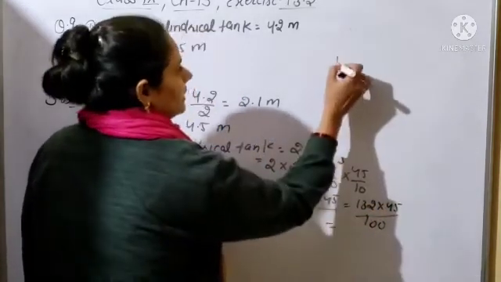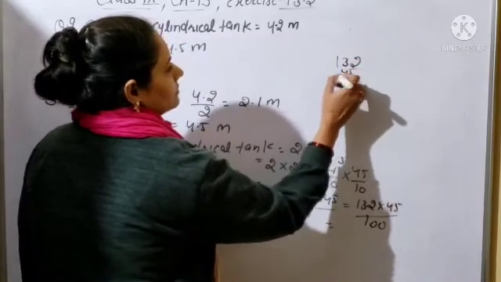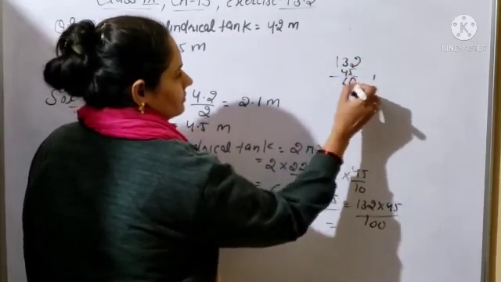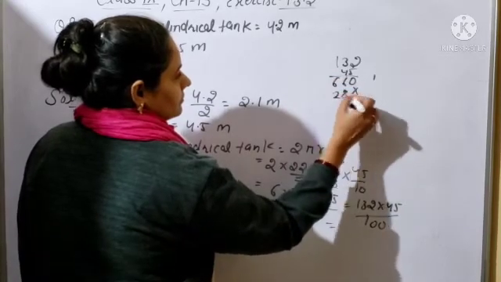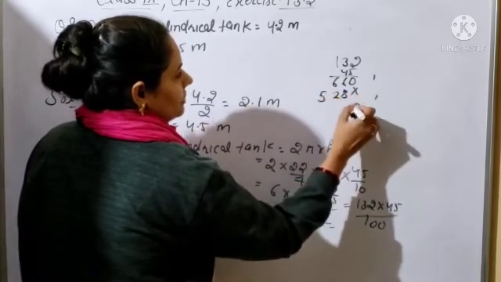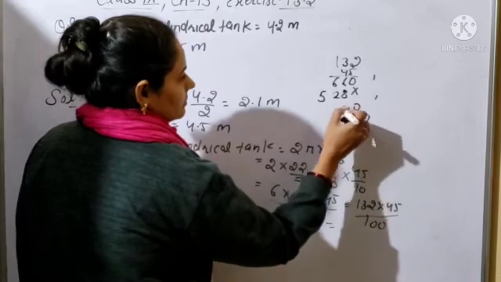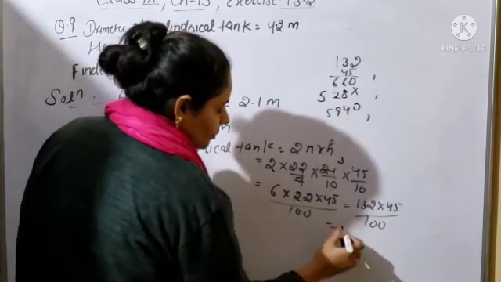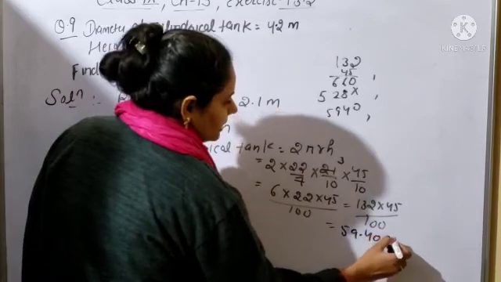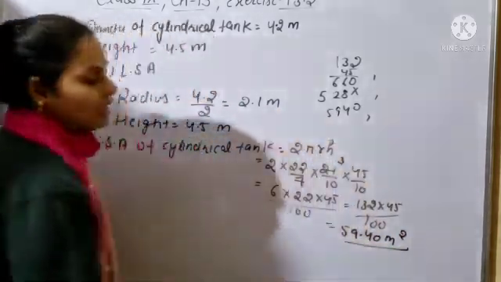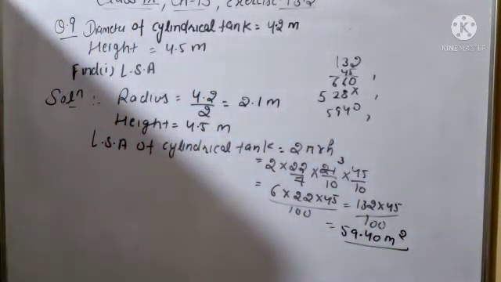Multiply it. So 132 and 45, it will be 5940. So it will be 59.40 meter square. So this one will be the curved surface area, or you can say the lateral surface area of the cylinder.